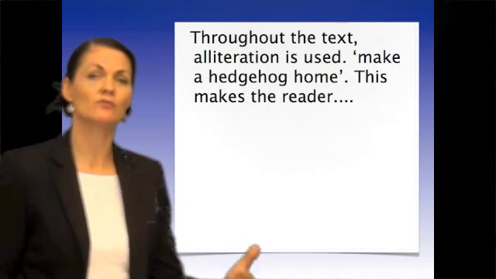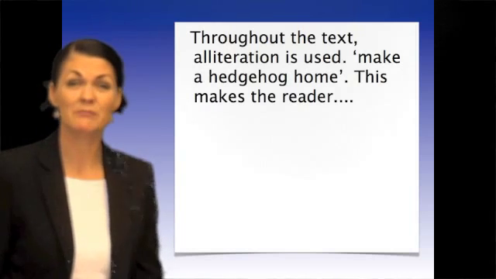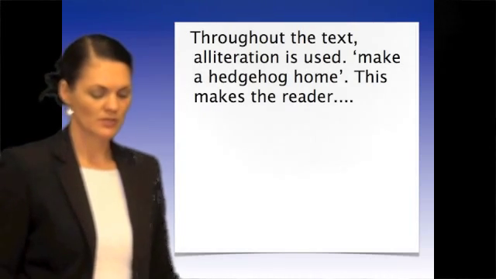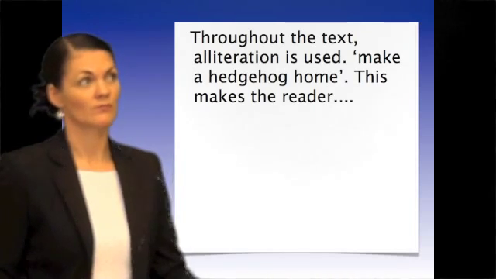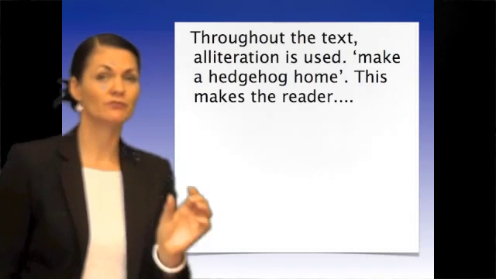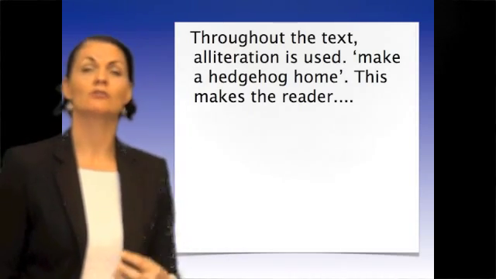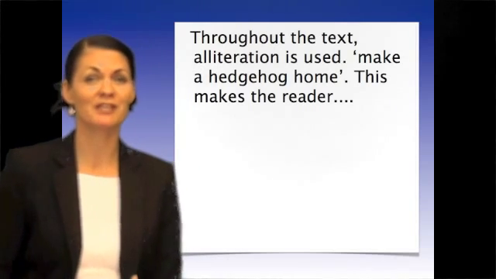What's the effect of that alliteration? Because without talking about the effect, you're really limited in your response. So, what is the effect? Well, you could say that hedgehog home, that repetition of the h sound, creates a kind of softness which promotes a feeling of safety for the hedgehog.